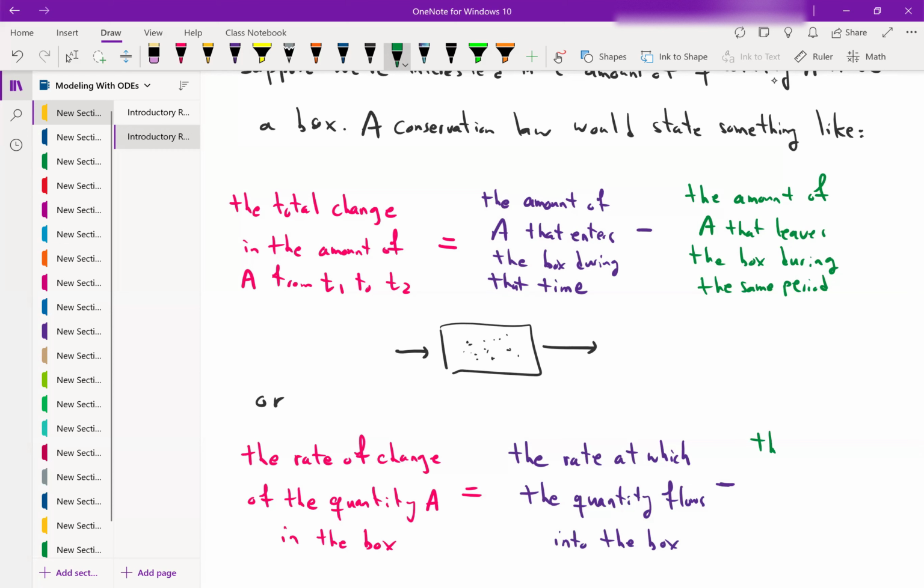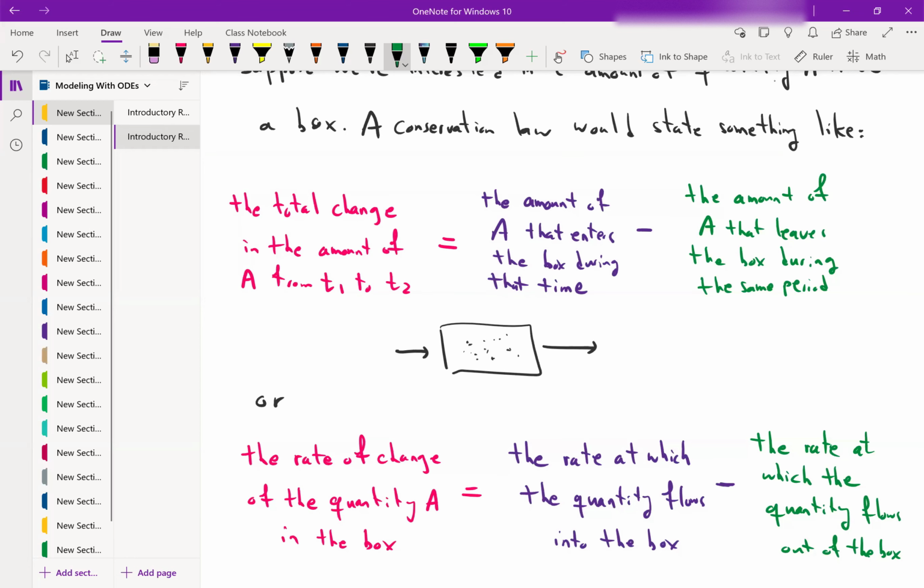And here, think of this term rate as amount per unit time.